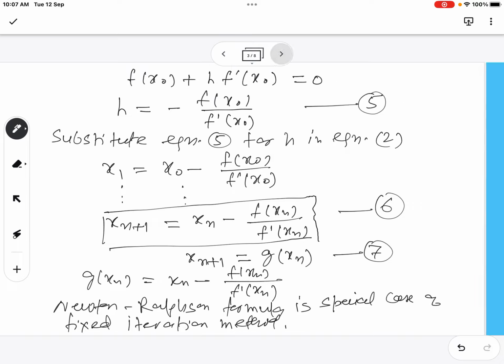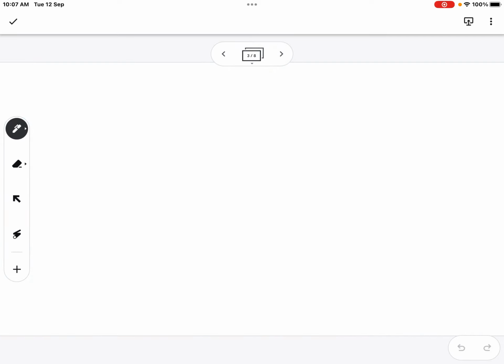Now, what is the convergence condition in case of the Newton-Raphson method? Let us say that alpha is the root of the function, that is, at alpha this function is equal to 0. For convergence the following conditions must be satisfied.